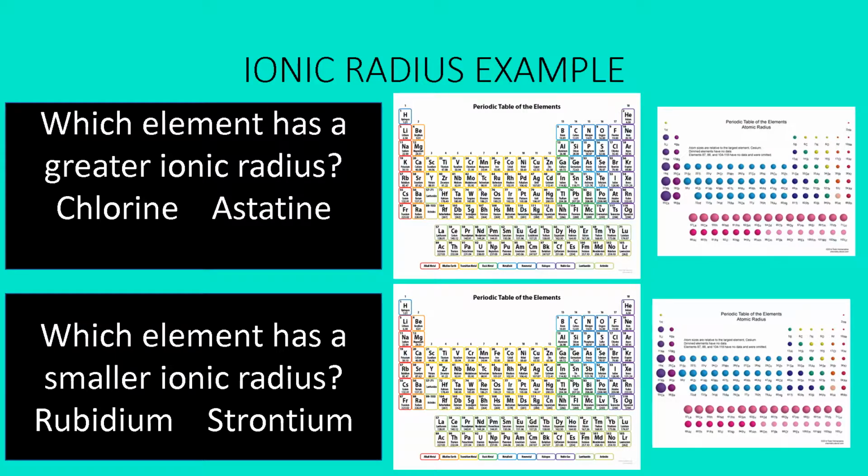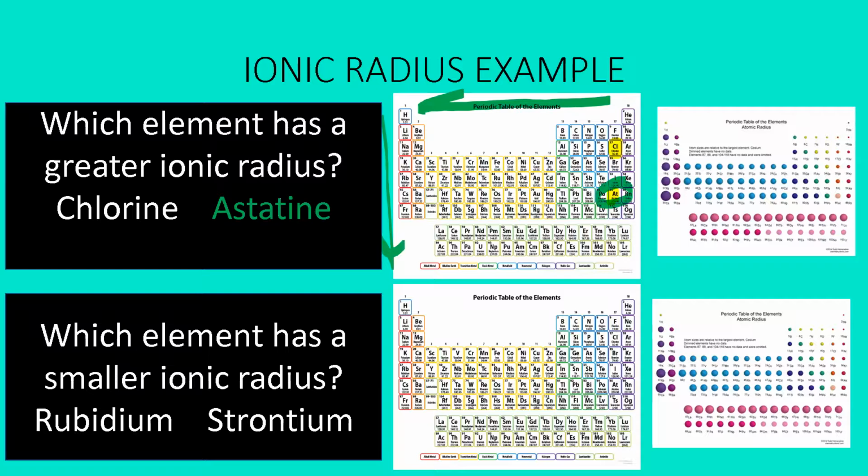So which element has a greater ionic radius? Is it going to be chlorine, which is located up here as number 17, or is it going to be astatine, which is located all the way down here, number 85? Well, we know that ionic radius increases this way, so that's going to tell us our astatine has a greater ionic radius.